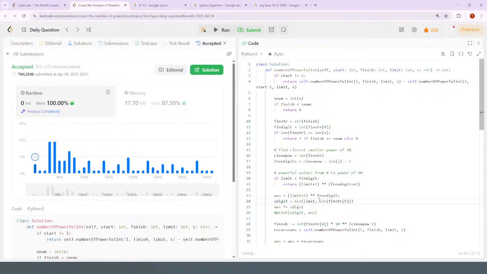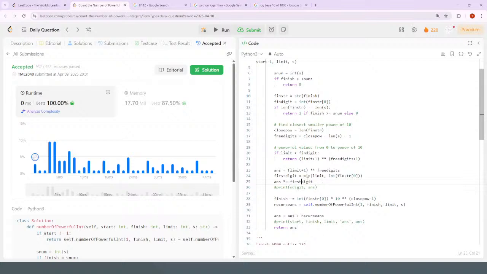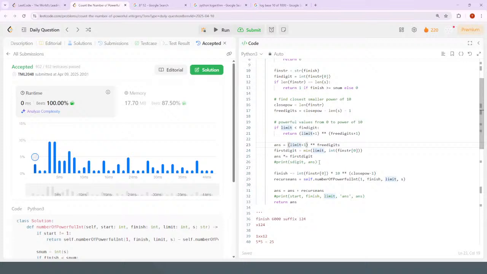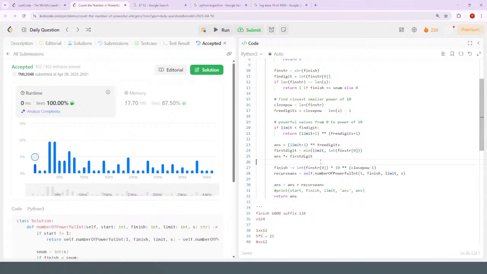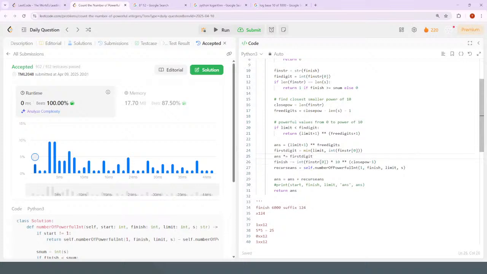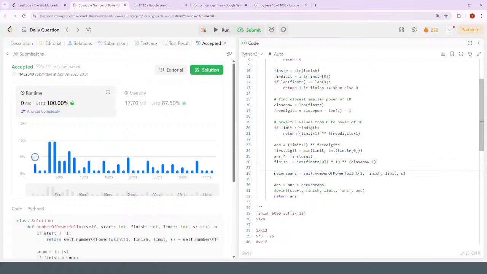What's the name for this? First digit. Okay, this is that. And then your finish is going to be ignoring that calculation and recursing.